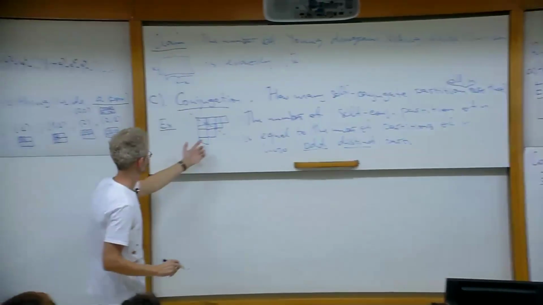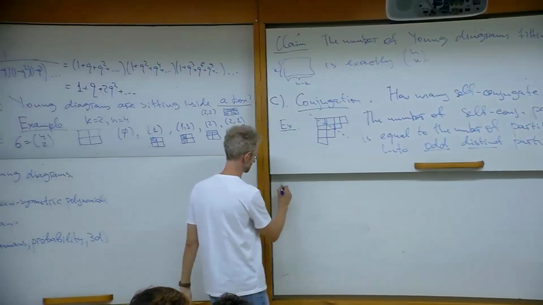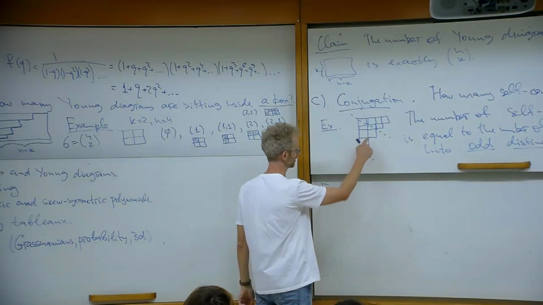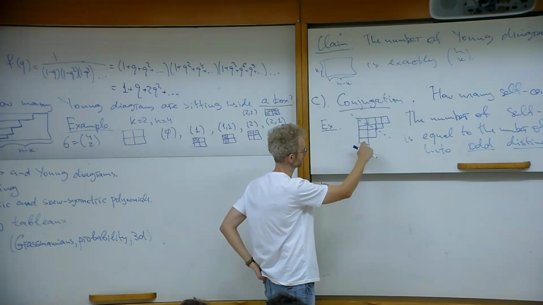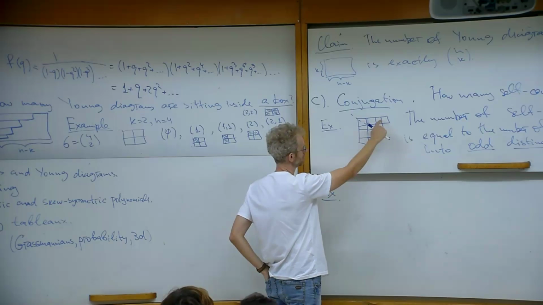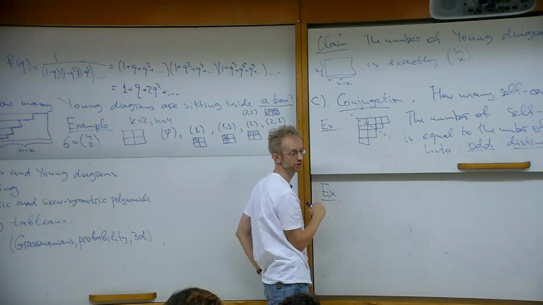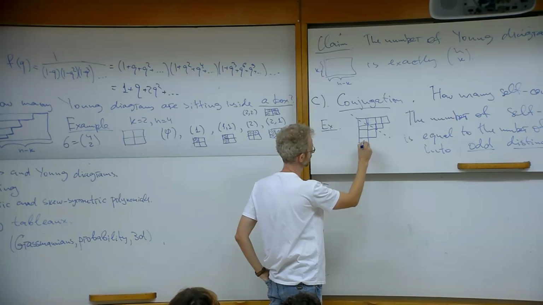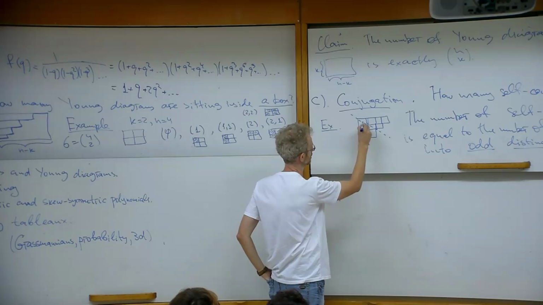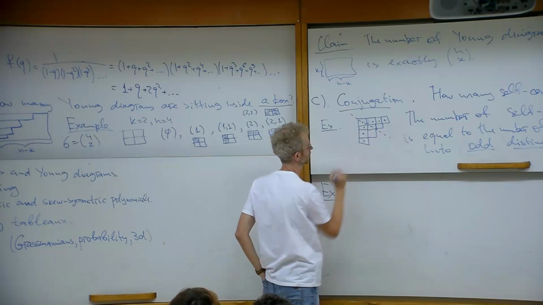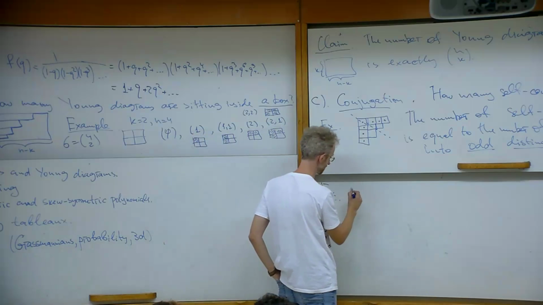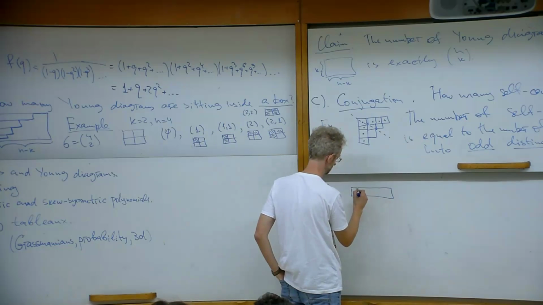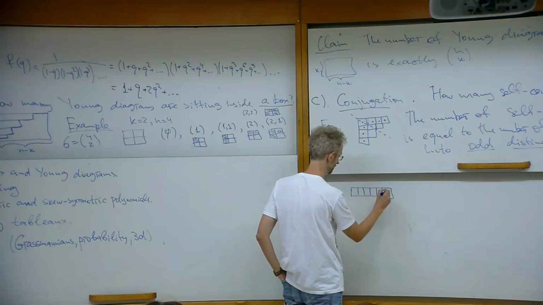So how to get our odd distinct parts from this partition? So let us look at the hook, which comes on the very left and on the very top, right? So I mean this one. Okay, so it has 7 boxes. Let me put these 7 boxes here. 1, 2, 3, 4, 5.